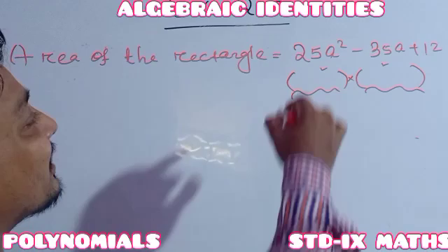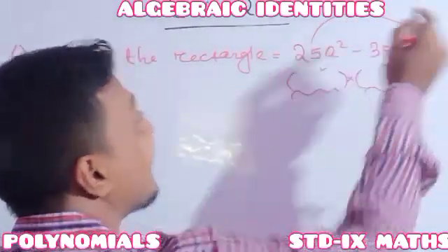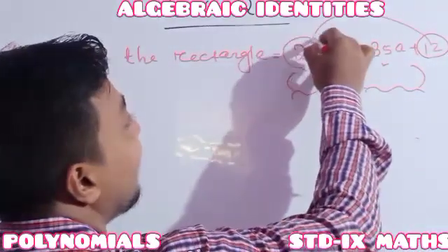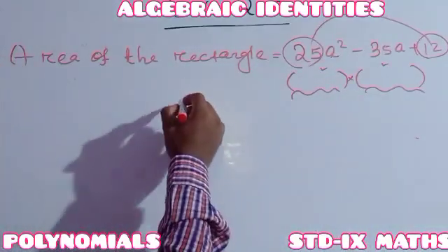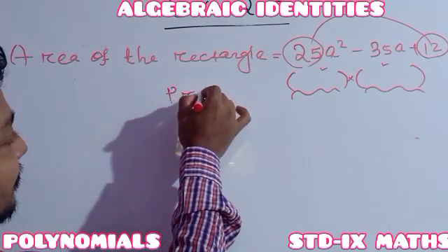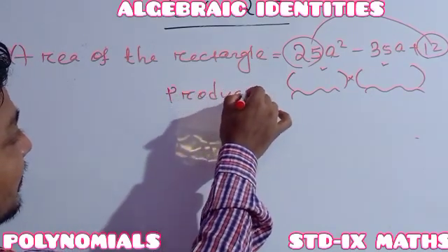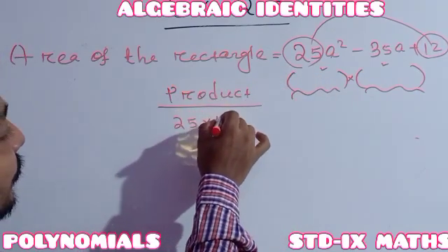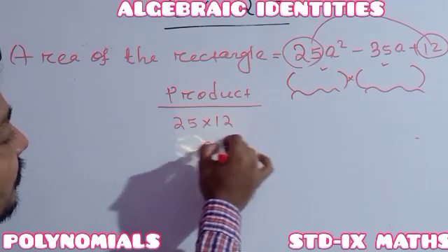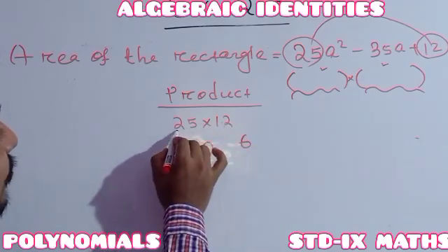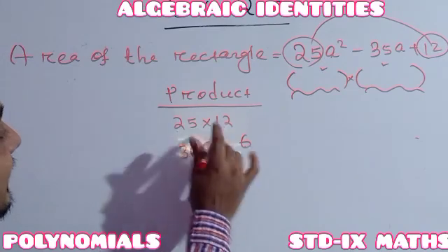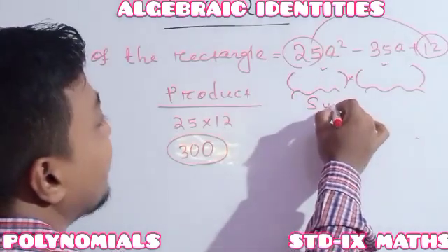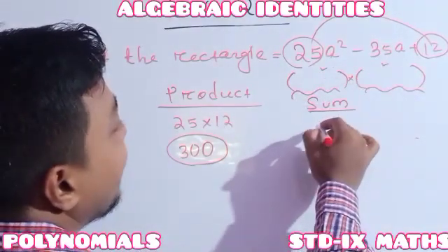See, in the splitting method our product should be this much. Our product should be the product of the constant and the coefficient of a square. So roughly, I am showing: our product should be 25 into 12, which is 300, but our sum should be minus 35.